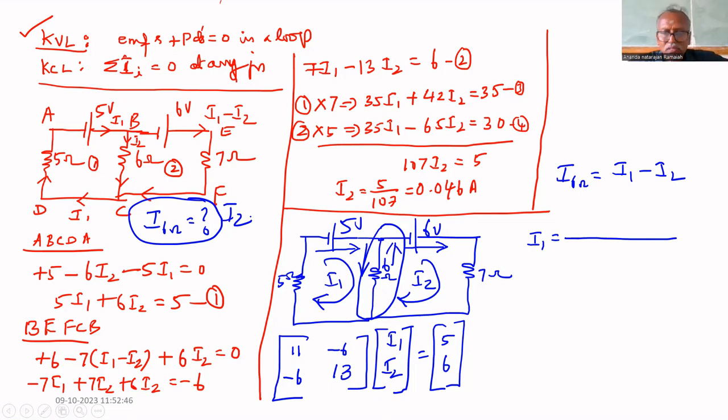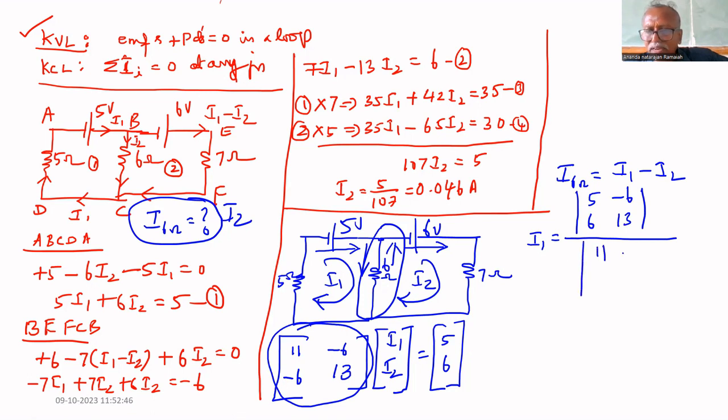That's why we have to find both. I1 equal to the determinant of this, replacing the first column by the right hand side. Therefore, 5, 6, minus 6 and 13 divided by the determinant of A, that is 11, minus 6 and 13.